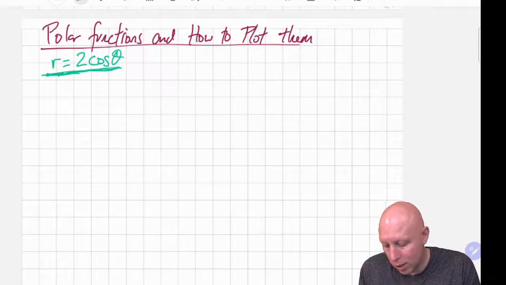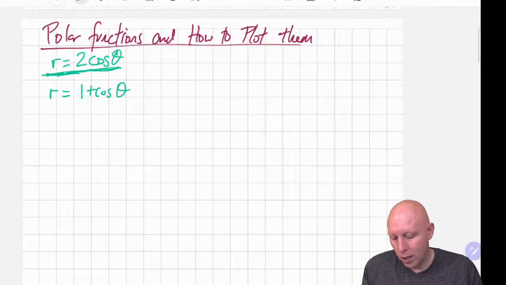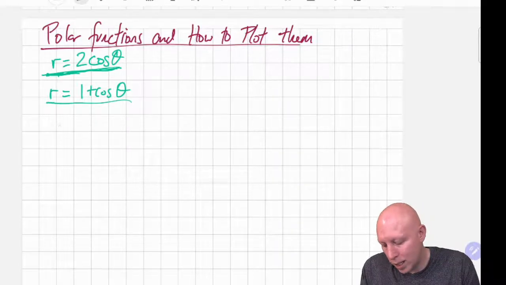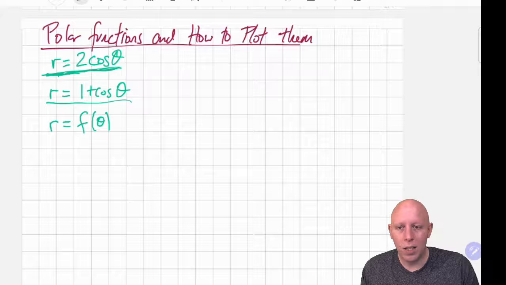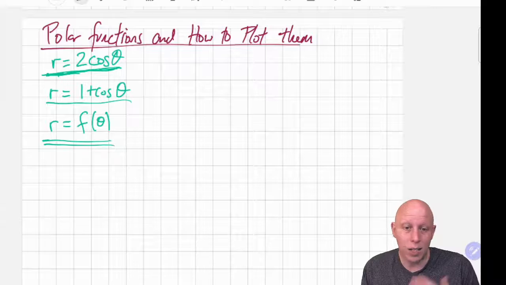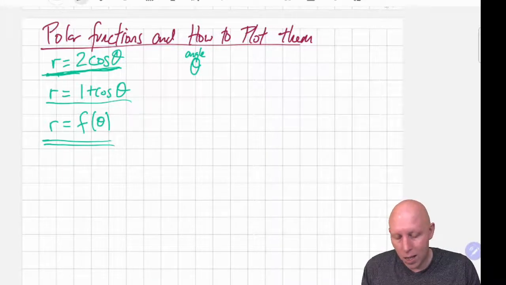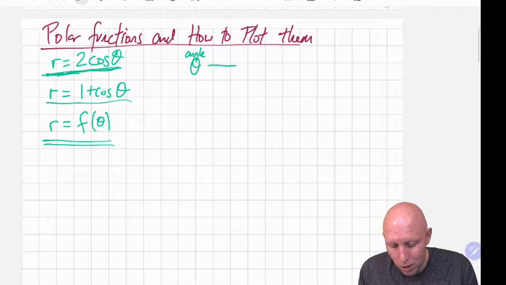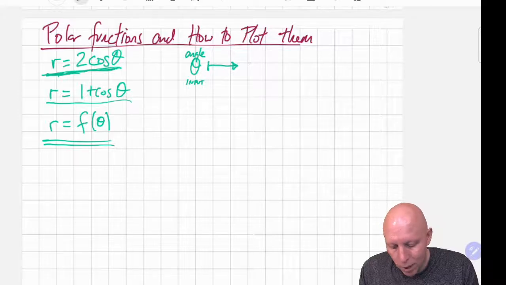We saw this equation, so let's start with a new equation. r is equal to 1 plus cosine of theta. In both of these examples, I'm writing r is equal to some function of theta, and I'm thinking of these in polar coordinates. When you see an expression like this, we start off with some angle theta as the input, and then the output, this function of theta, is equal to r.